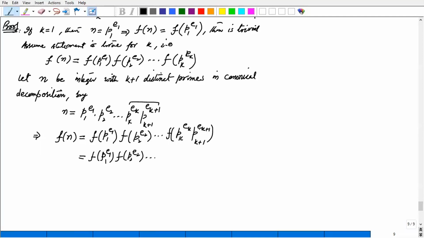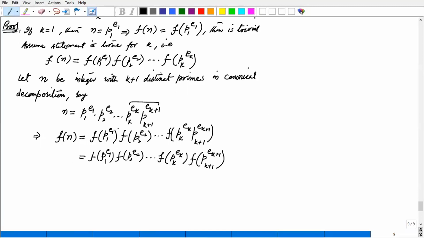So if the GCD of these two numbers is 1, then, since the function is multiplicative, we can write f(pk to the power ek) times f(pk+1 to the power ek+1). So we assume that this statement is true for k factorization.